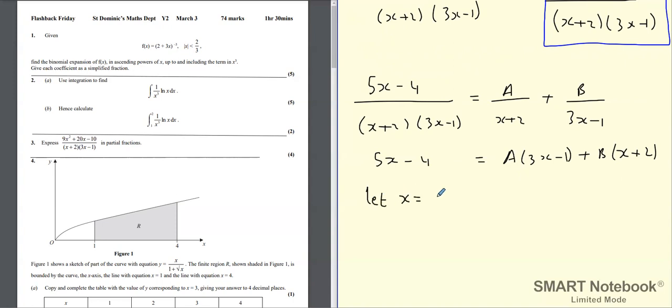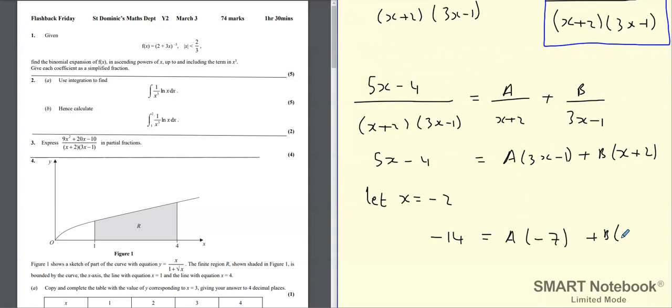Let x equal to minus 2. That allows us to cancel B out. So 5 times minus 2 is minus 10, take away 4 is minus 14. 3 times minus 2 is minus 6, take away 1 is minus 7.